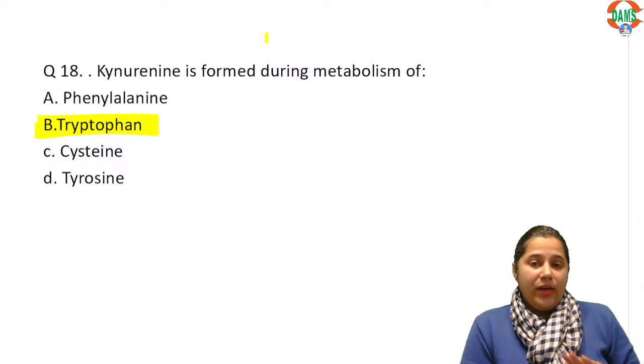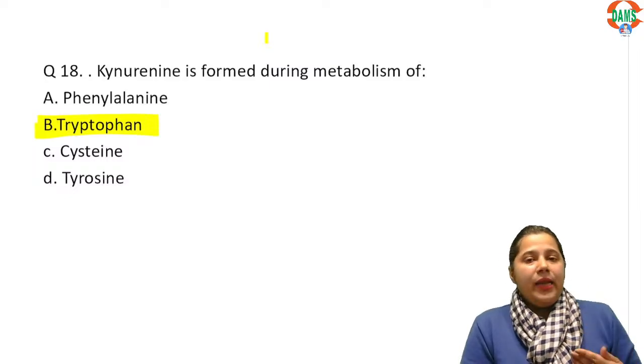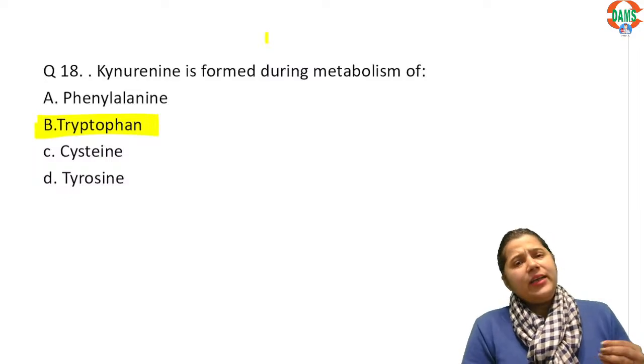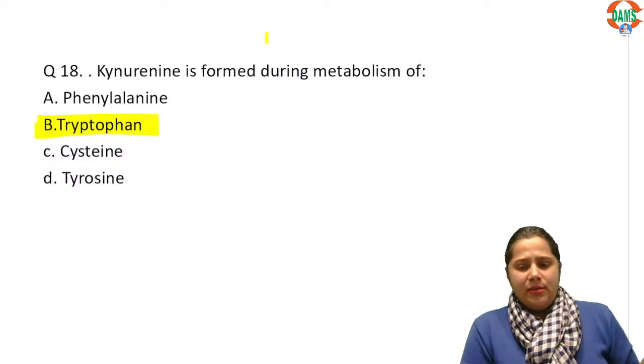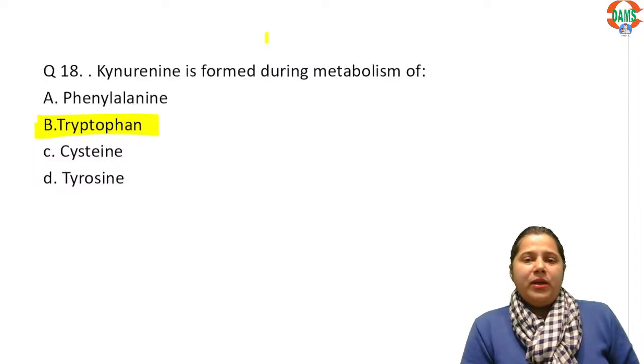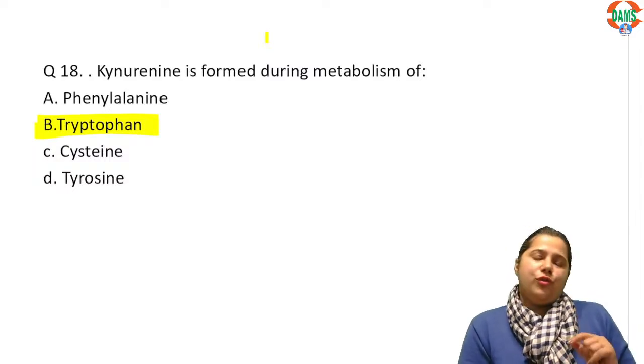The three aromatic amino acids, phenylalanine, tyrosine, tryptophan. In addition, glycine can be asked. And at times you get a question on maple syrup urine disease that we have already discussed. So protein metabolism, these are the most important topics, and of course urea cycle.